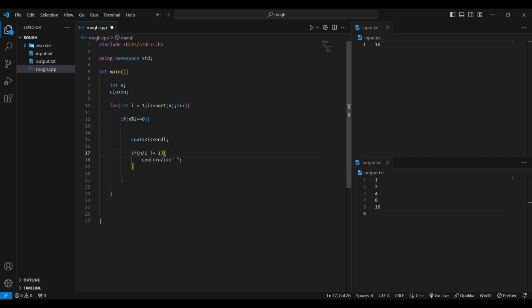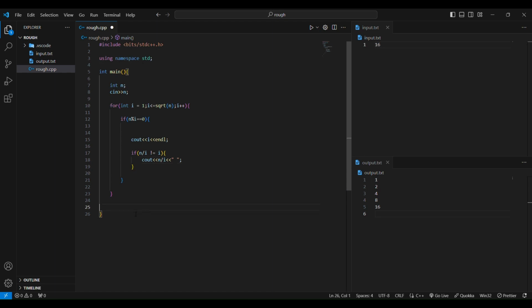Anyway, I am printing I here, so I don't have to print n by I again. So that's the reason I am checking whether n by I is equal to I or not. If it is equal, don't go inside this. If it is not, that means there is some other number, n by I, that divides n completely.